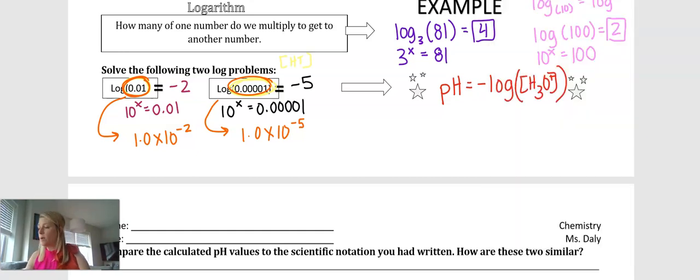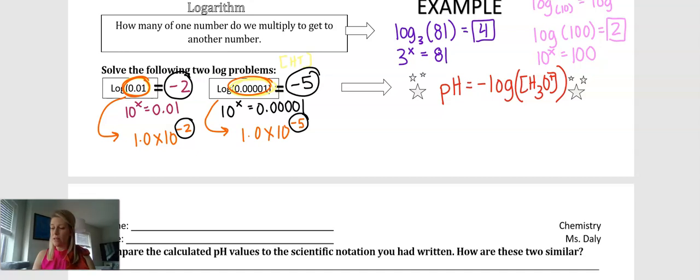Notice that we have the exact same value as our exponent equal to our pH. But what we do need to do is make these positive values. So if you get this negative 2, that's the same thing as saying 2. If you get a negative 5, that's the same thing as saying 5.